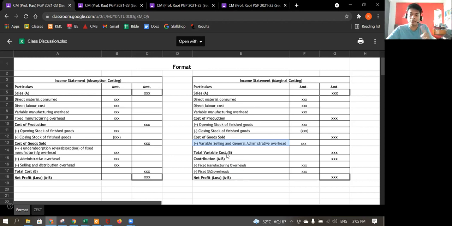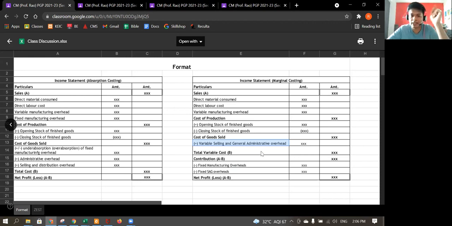But in absorption costing, we club all the production related expenses under one head, whether it is fixed or variable. We take all the other fixed and variable expenses related to selling, general and administrative expenses after cost of goods sold. And also there is under absorption and over absorption.